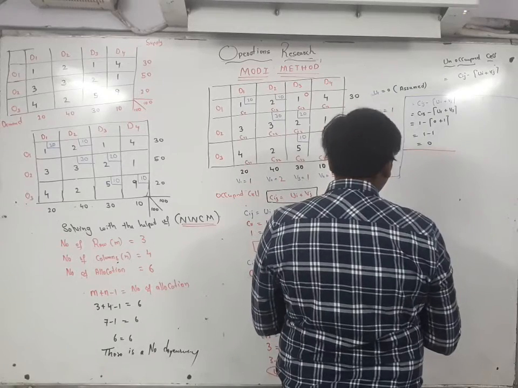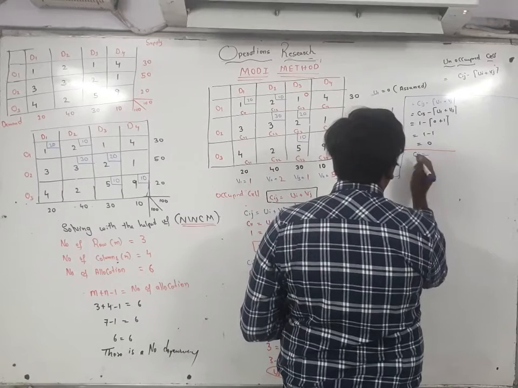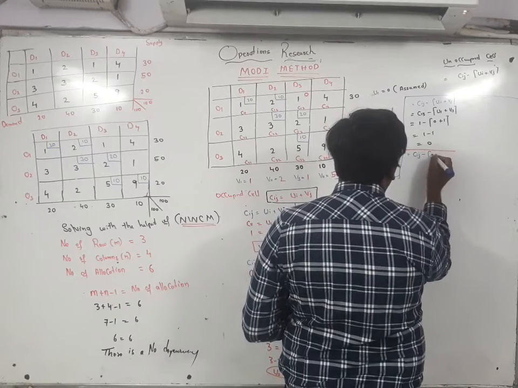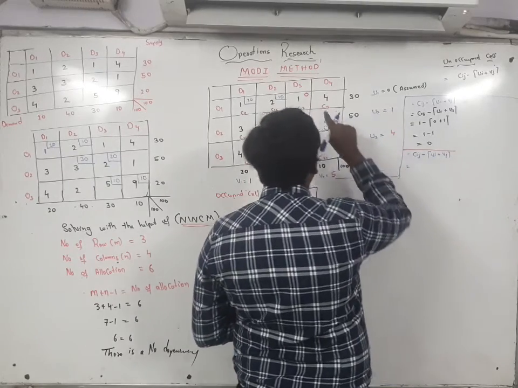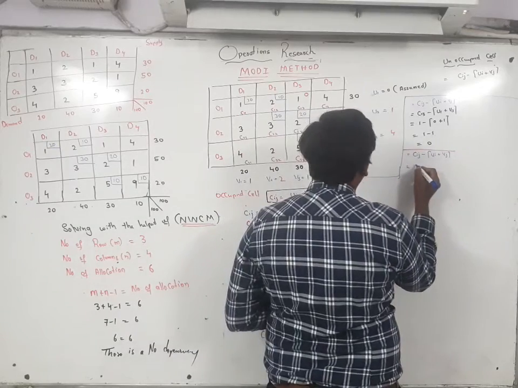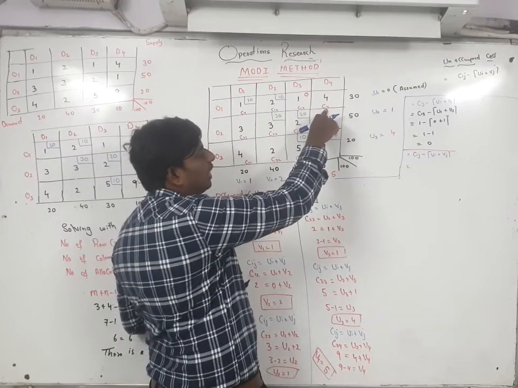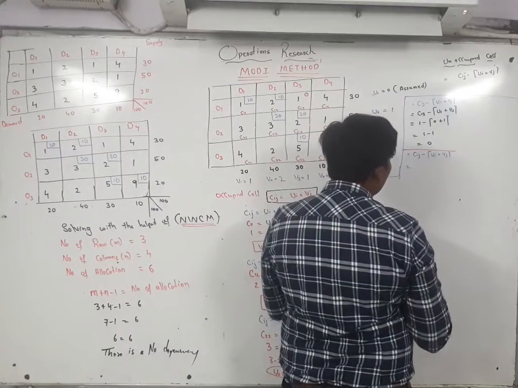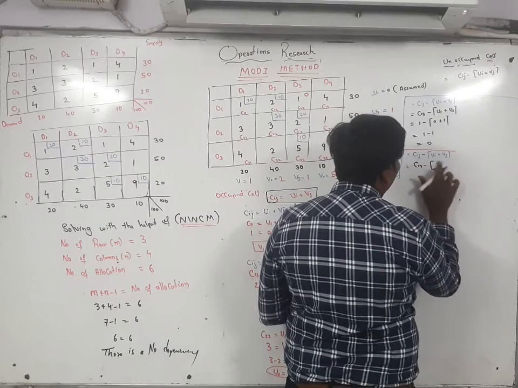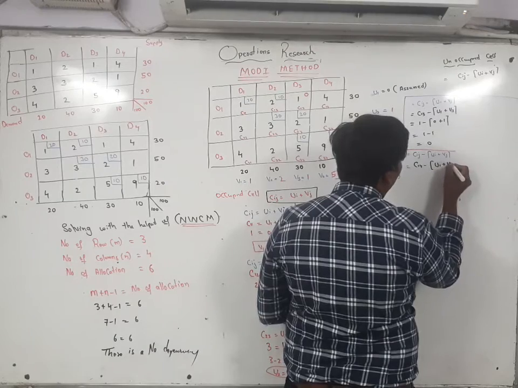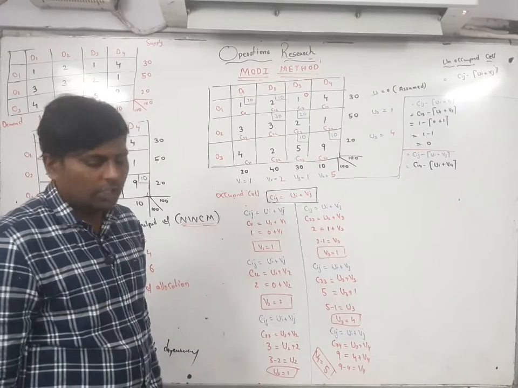For the next one you have to use that formula only: Cij minus ui plus vj. First you have to focus on cell C14. So here you write C14 minus u1 plus v4.